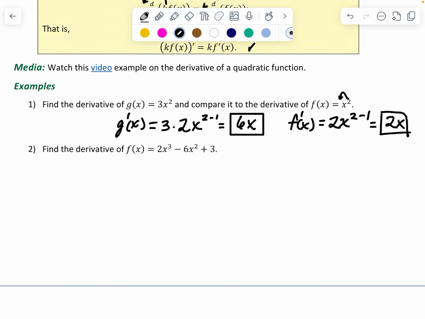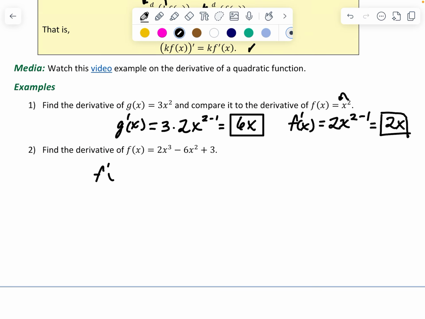Now we can use this idea of the sum rule. If we want to find the derivative of f of x, we'll just go left to right using the sum and difference rules. And we have then f prime of x is equal to 2 times 3x to the 3 minus 1 power, minus 6 times 2x to the 2 minus 1 power, plus the derivative of a constant, remember, is just 0.